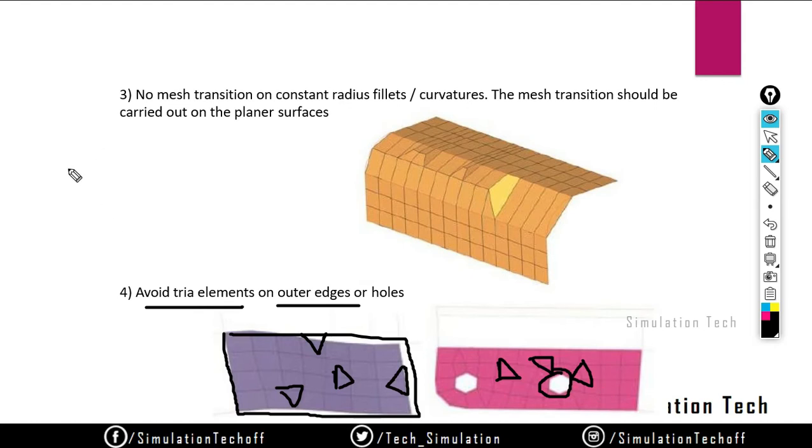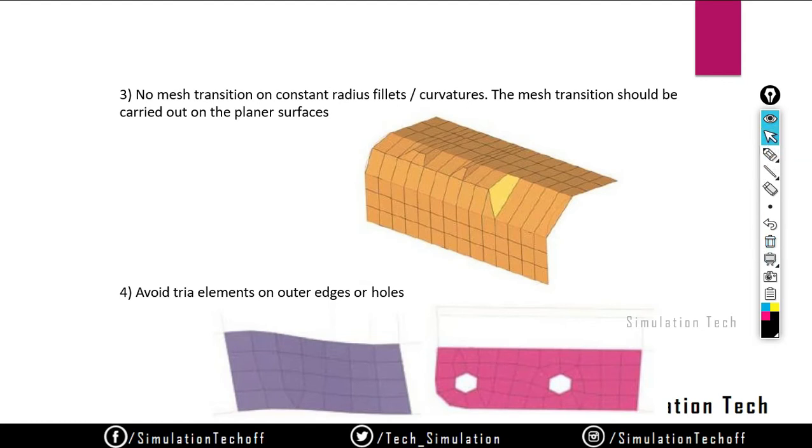You can always use a mesh which is a combination of triangular and quad elements. The quad will be more dominant, like 80% of elements will be quad elements. The remaining 20% will be triangular. But that triangular should not take place on the edges, nearby the holes, or on a planar surface. So that is what I am trying to explain here.